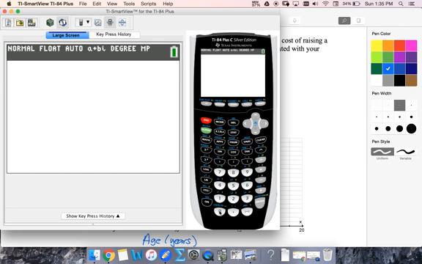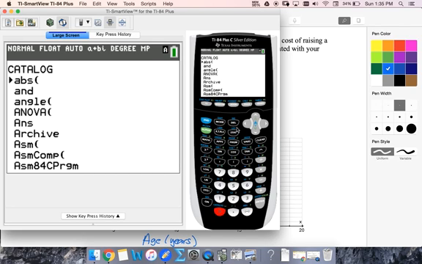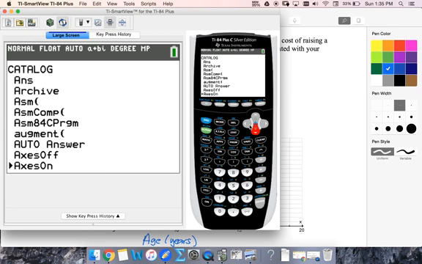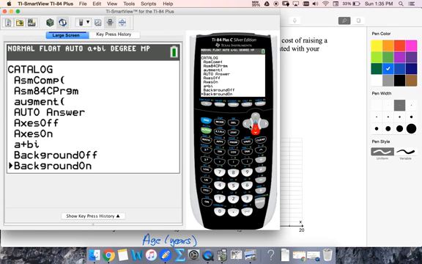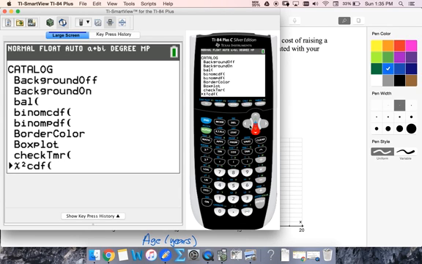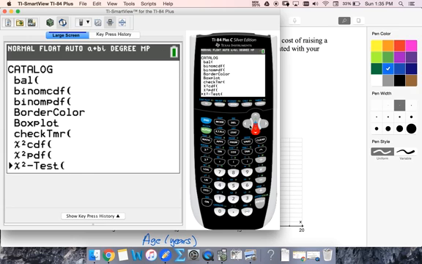So second 0, and then I need to go down to diagnostic. I can't remember if I can use my alpha D. No, so I have to go down to diagnostic. Your calculator hopefully is faster than mine. So keep going down until you get to diagnostic.